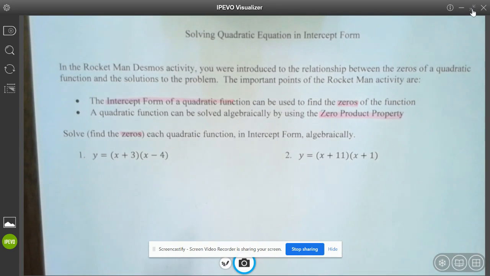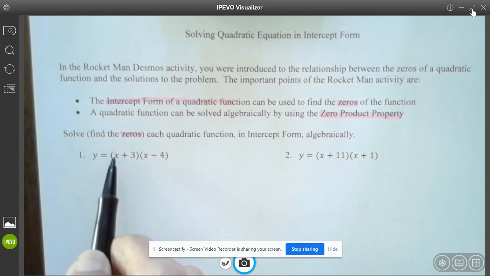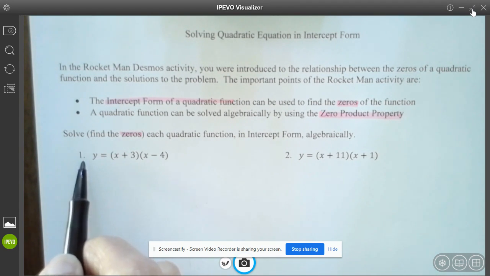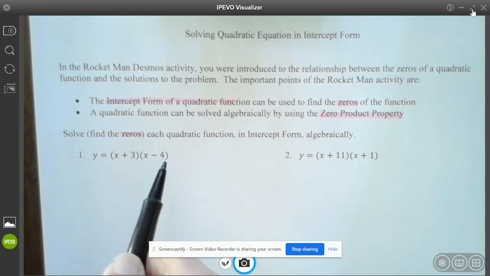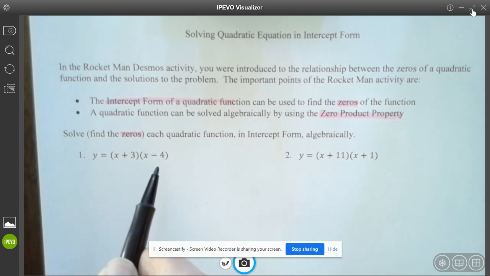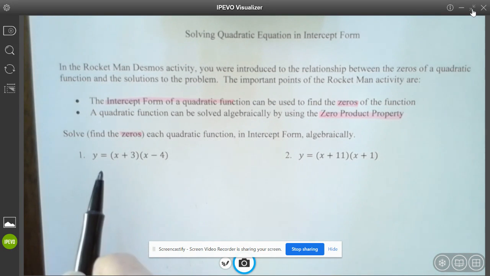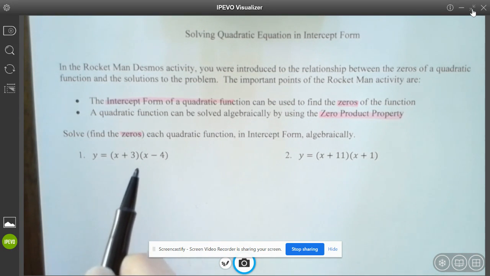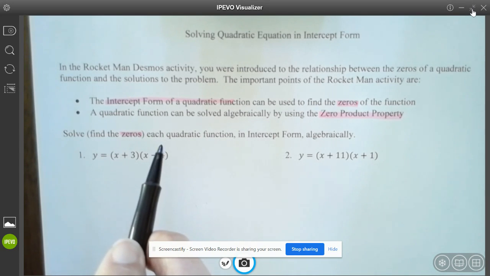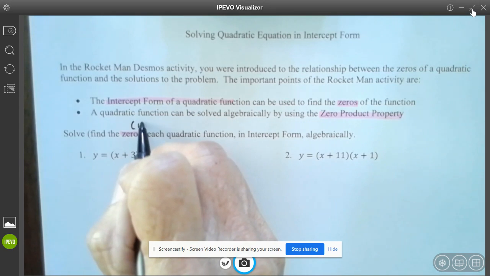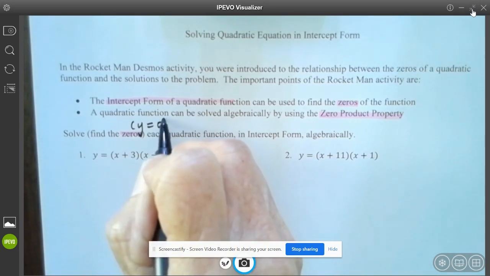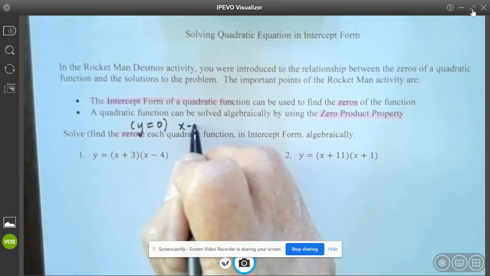So we have 4 quadratic functions here. To review what a function is, a function relates one variable to another. In this case, y is going to be equal to whatever the x value is when you plug it into these expressions. In order to make it an equation that we solve algebraically, we've got to remember that the zeros of a quadratic function is always when y equals 0, because by definition, they are the x-intercepts.